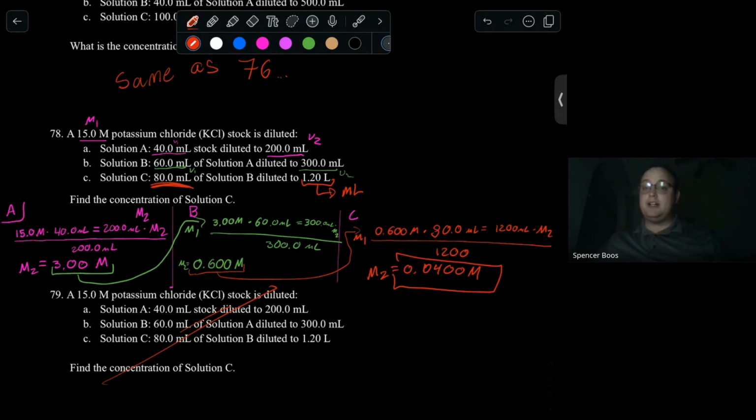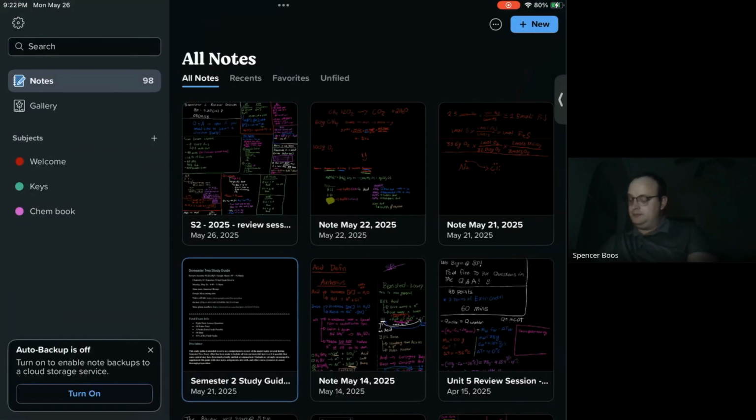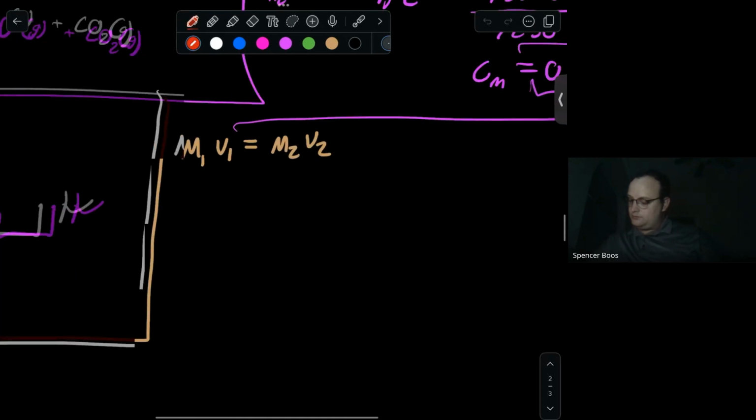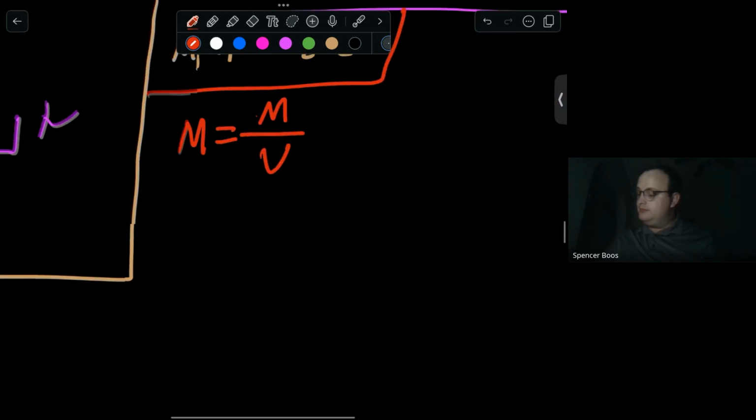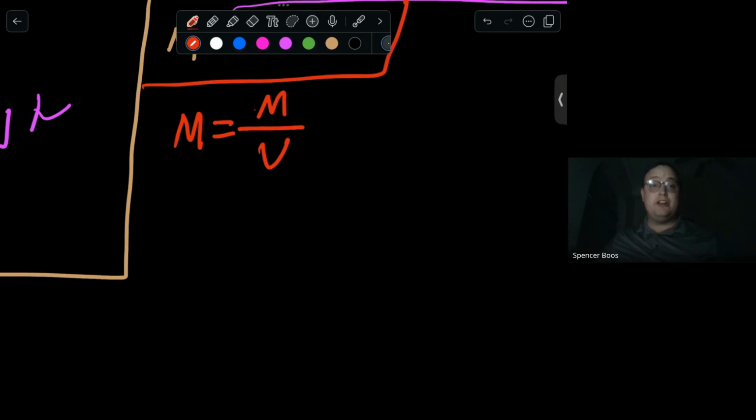How do you find concentration? Good question. Now that everybody's had a chance to screenshot this section, we can calculate concentration using molarity M is equal to n over V. M stands for molarity, n stands for number of moles, and V is the volume in liters.